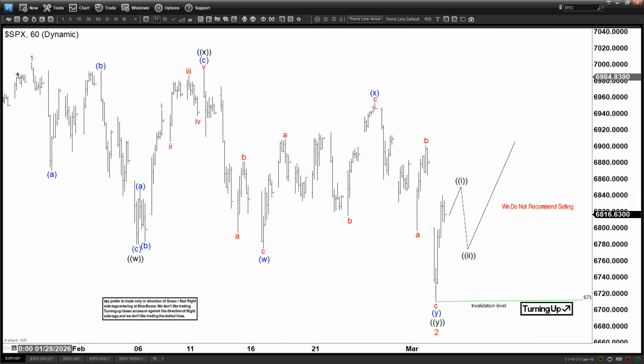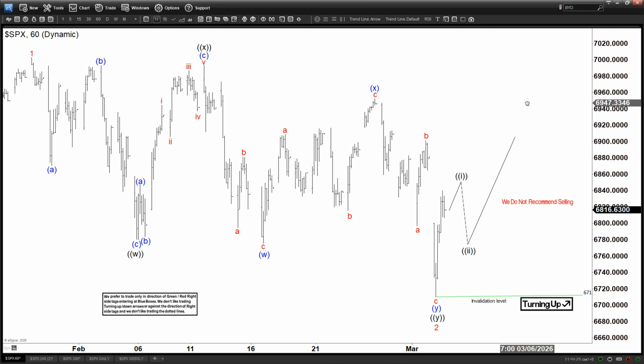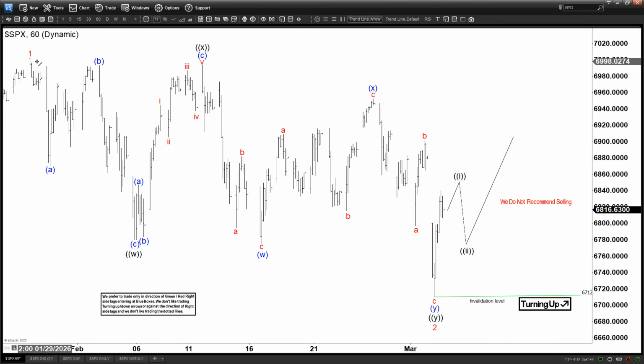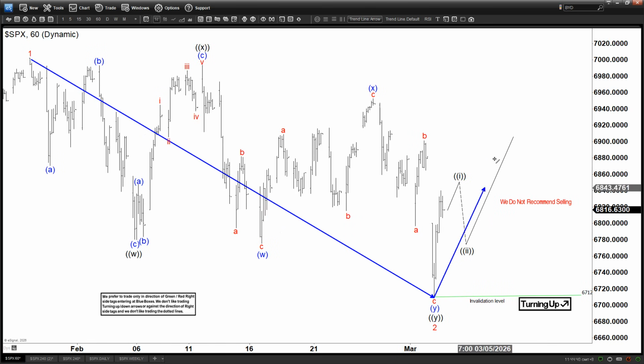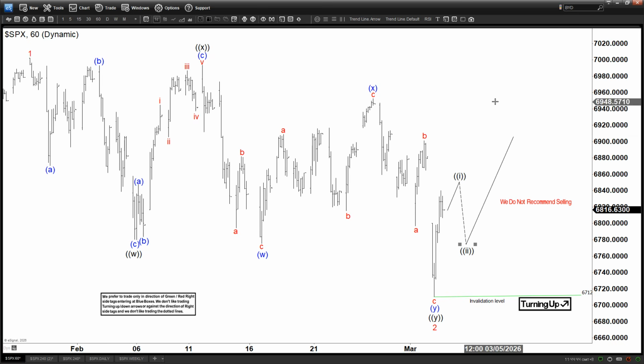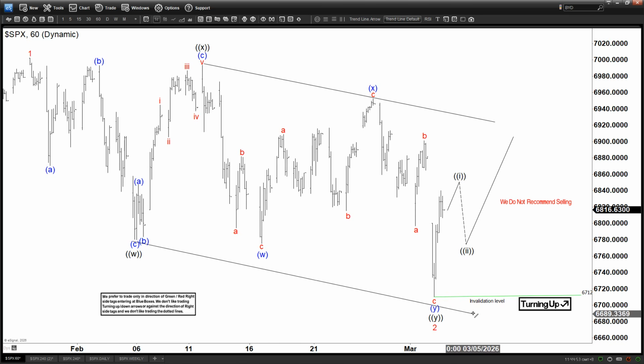You can consider the cycle as complete, and then now look for a 3 waves rally. Now the other option is, you can still call it W here and then X and then break again to the Y leg, or if it becomes more impulsive to the downside, then you can call this a diagonal.